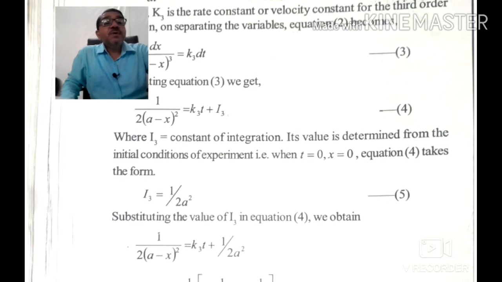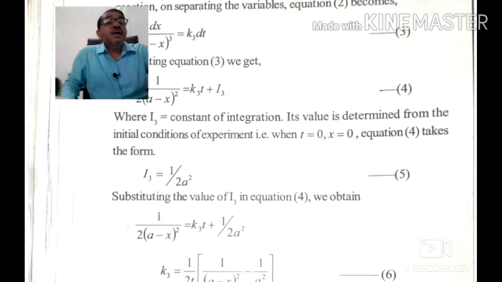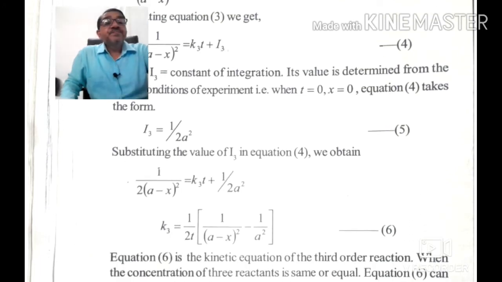Substituting the value of I3 in equation 4, we obtain the simplified form 1 upon 2(a minus x) to the power 2 is equal to k3t plus half a square. Here k3 is equal to 1 by 2t in bracket 1 upon (a minus x) square minus 1 upon a square.